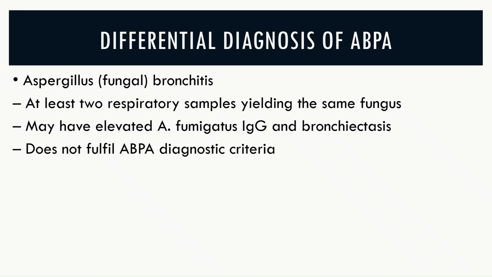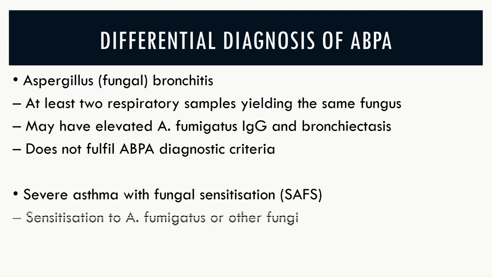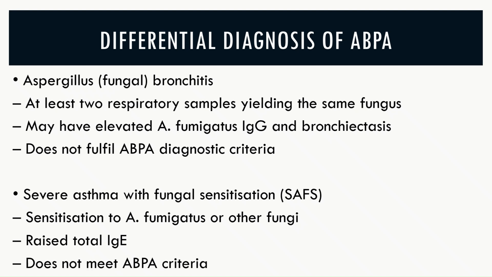Similarly, patients with severe asthma may be sensitized to Aspergillus fumigatus and other fungi and have elevated total IgE. If they do not meet ABPA criteria, they are classified as severe asthma with fungal sensitization.